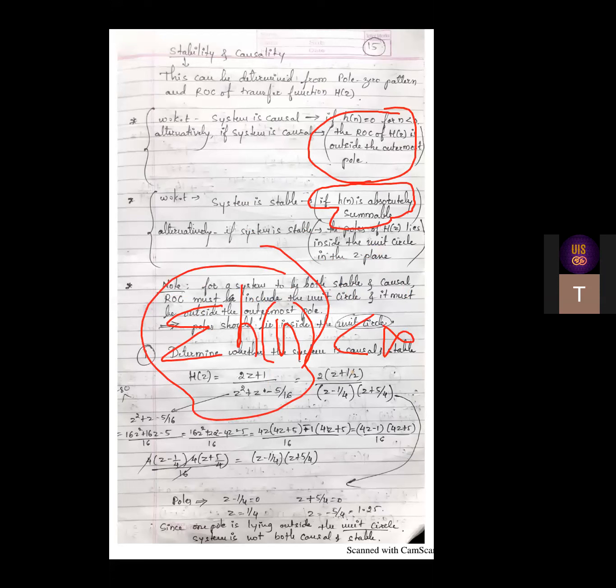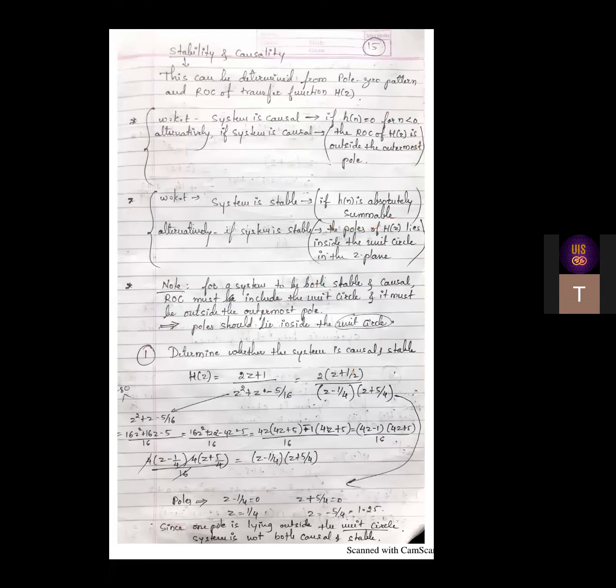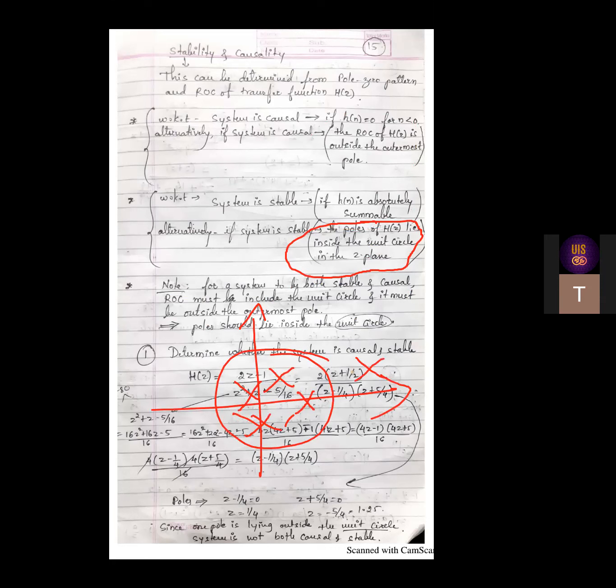But with respect to the Z transform, the condition is that the poles should lie inside the unit circle in the Z plane. Just now I told you, this is the unit circle of radius 1 in the Z plane. So your pole values should be inside, somewhere here, not here. If the poles lie inside this unit circle, it means that the system is stable. This is the second condition.